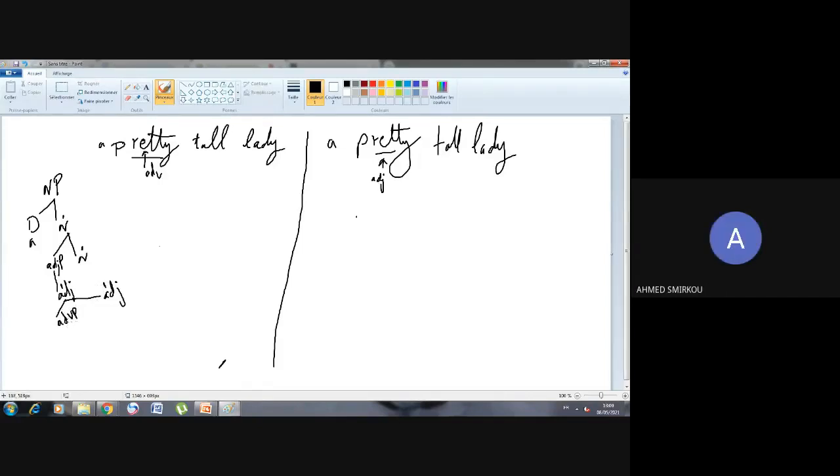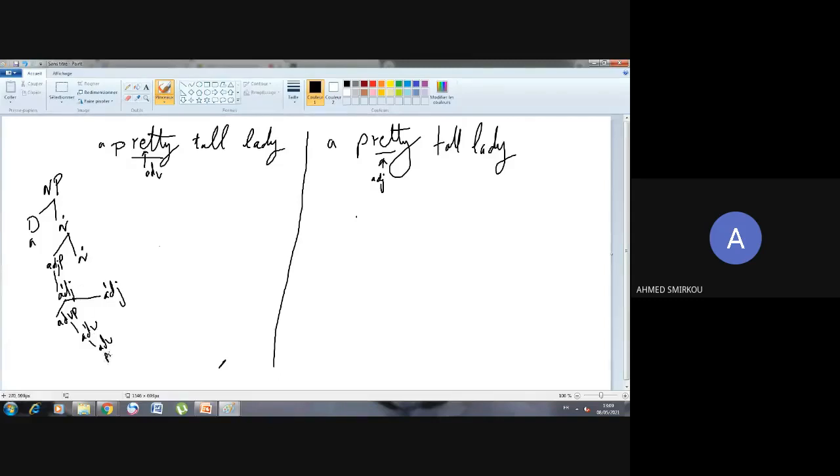Please remember, whenever there is an adverb and an adjective, this is the rule. You must have the adverb phrase sister to adjective bar, dominated by adjective bar. Then adverb bar and adverb, pretty.